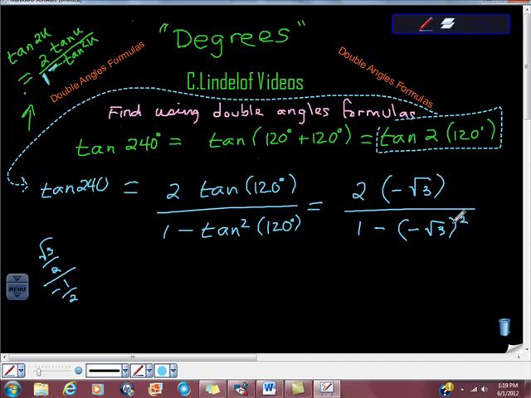Now remember, this whole thing is in there. So I have to square this negative 1 also, and I'm going to square this. So I'm going to get negative 2, right? Because 2 times negative 1 is negative 2. Negative 2 square roots of 3 over, and this is going to go to 1. Negative negative is positive. This is going to go to 3, isn't it? So over 4, isn't that right?